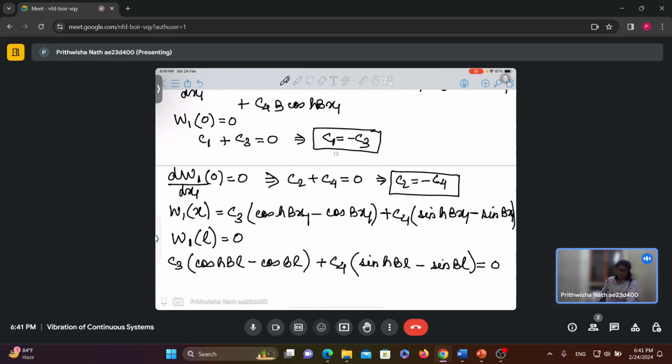So I will write C3 in terms of C4 now. This can be written as C3 equals C4 times sin beta L minus sin hyperbolic beta L divided by cos beta L minus cos hyperbolic beta L.